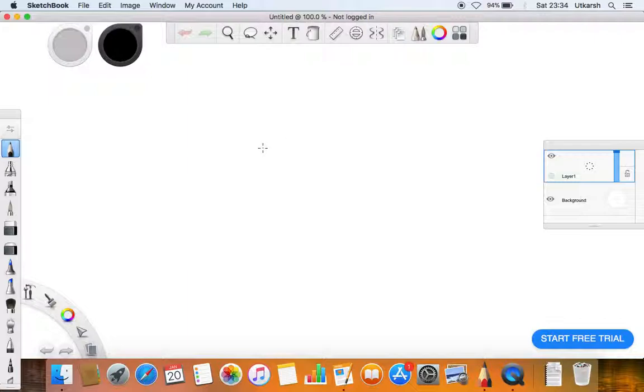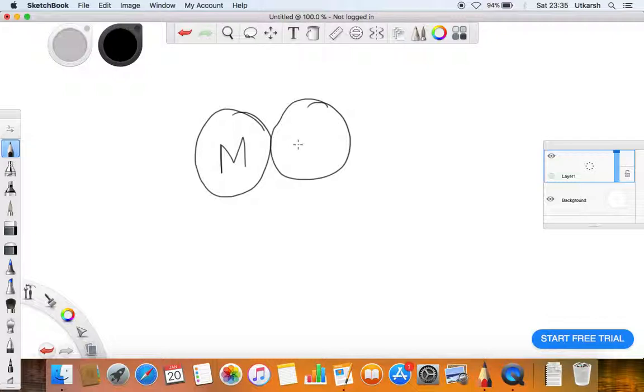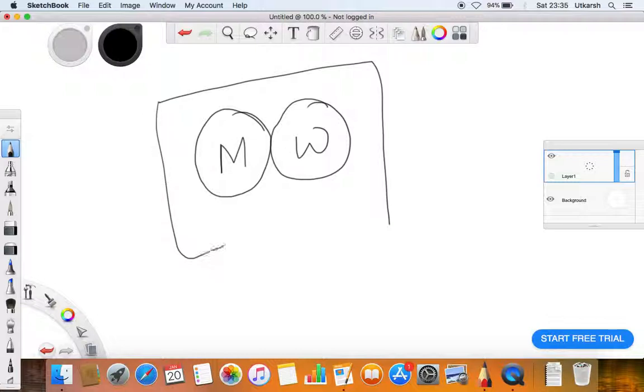I'm making a Venn diagram of people in the world, right? So say this is all the men, this is all the women, and this may be humans. Sorry, make this humans. Humans is other species.